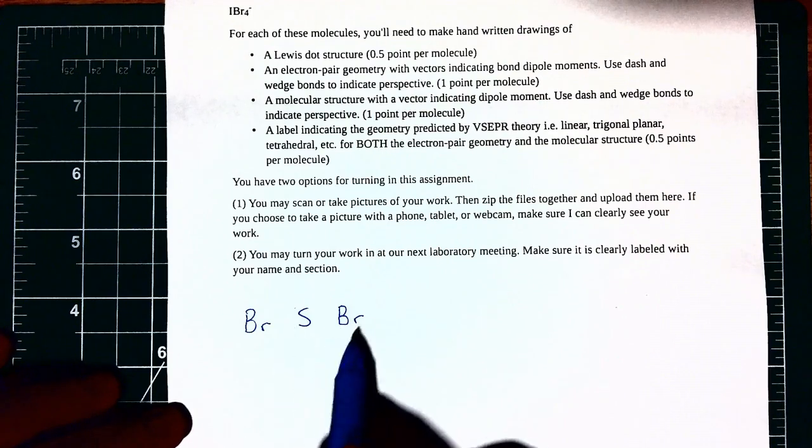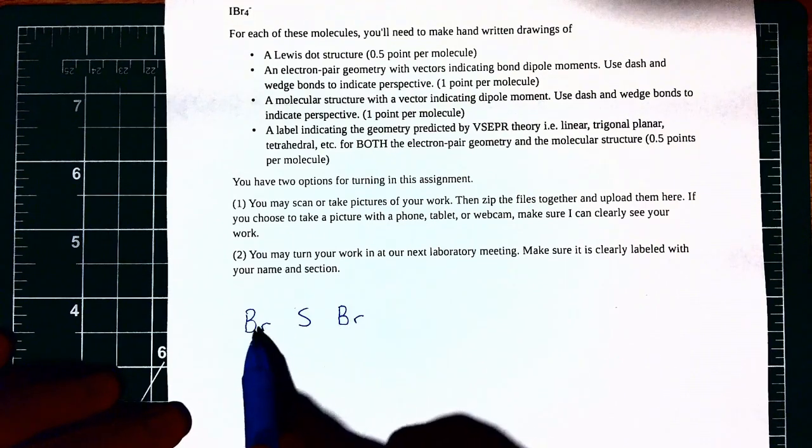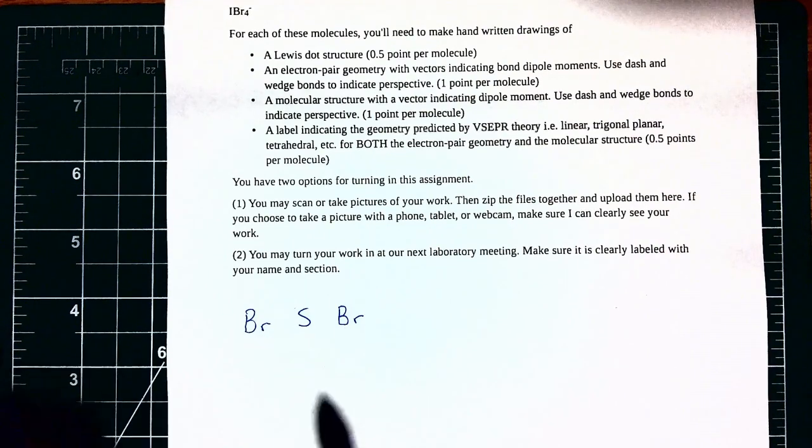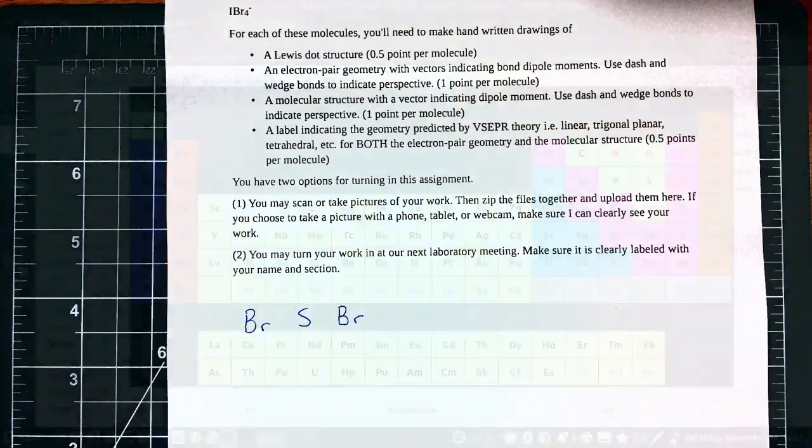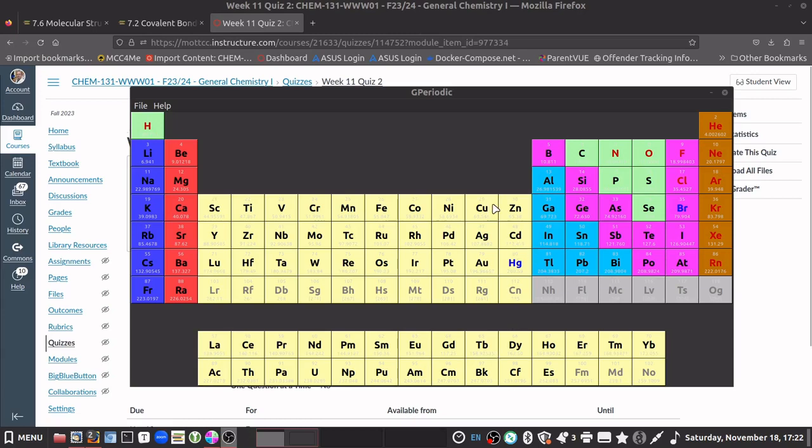The next thing that we need to do is decide how many valence electrons each one of these gets. The way that we're going to go about doing that is by looking at our periodic table. Basically, we're going to count from the left over to whichever one we want, and that's going to be the number of valence electrons that we get.